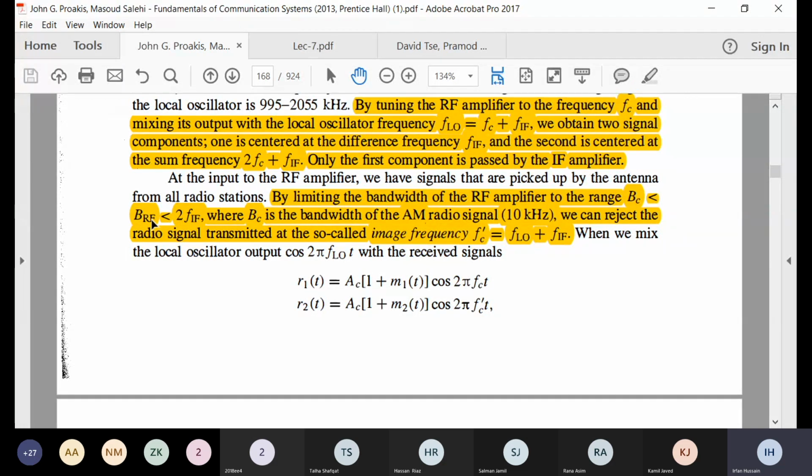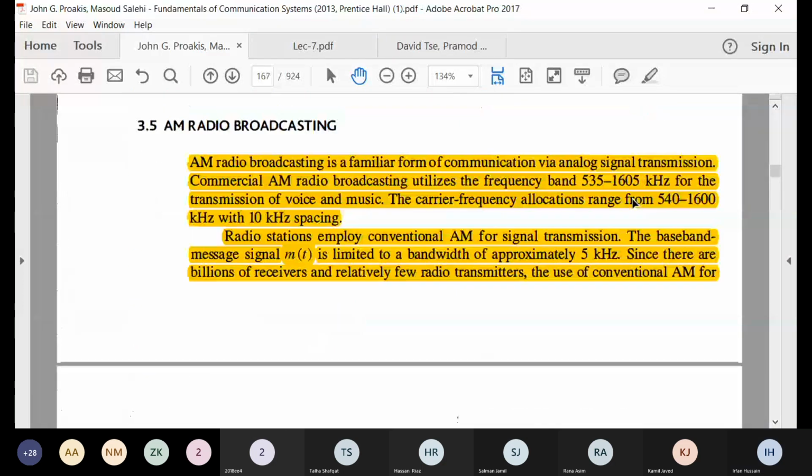It has to be greater than 10 kilohertz, or you can say greater than 5 kilohertz if the bandwidth is with respect to the baseband signal.